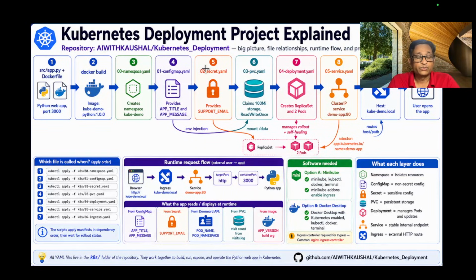Suppose in production mode you have different types of services. So what will it actually contain?